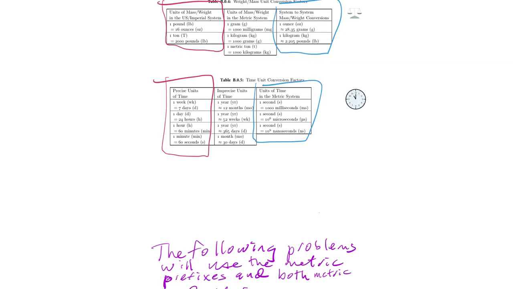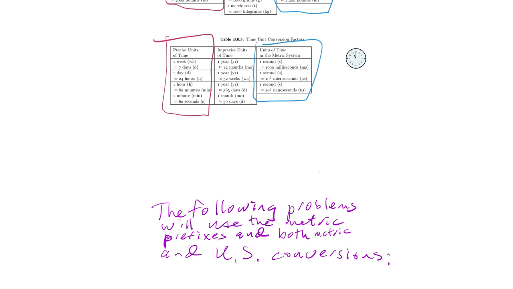So now we're going to use the blue boxes on this table as we switch between the metric and US conversions, and maybe even have to convert metric to metric.